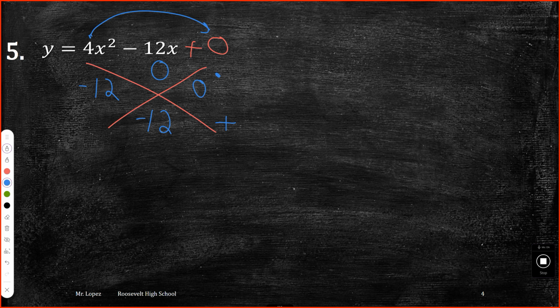So now what do we do? Divided by 4? So what's negative 12 divided by 4? Negative 3. Circle that, negative 3. What's 0 divided by 4? 0. All right. Circle that.